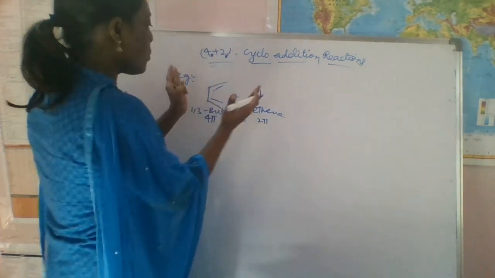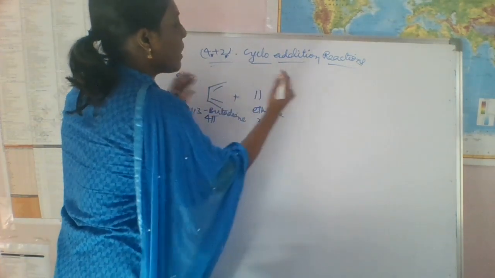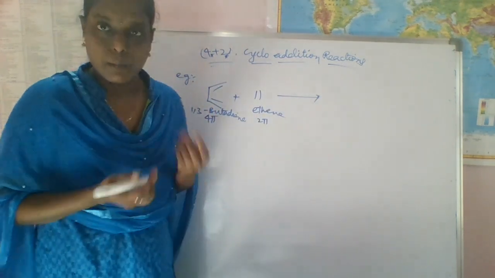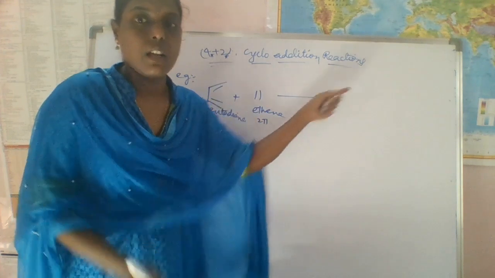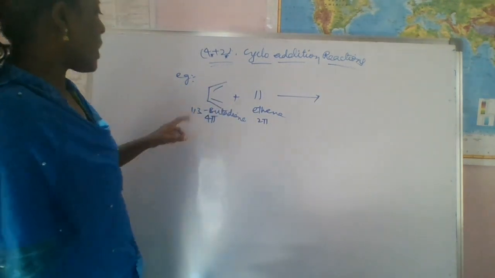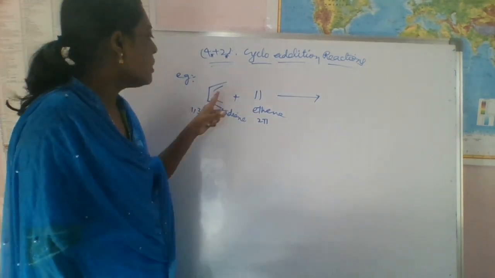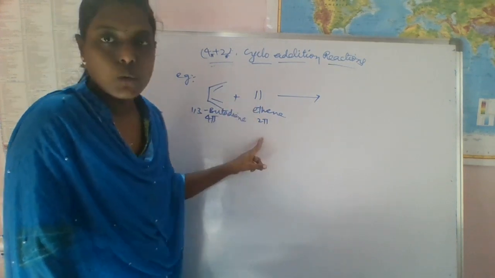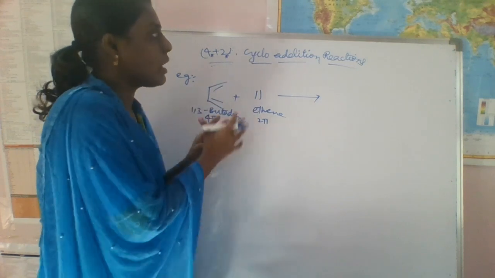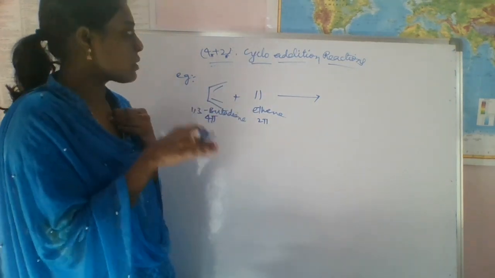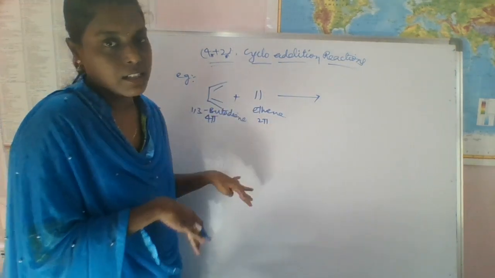Okay, so we have to join these molecules and we'll get one cyclic product, right? So that's why it is called cycloaddition reactions. We add 4 pi electrons and 2 pi electrons, combining these molecules to form one cyclic product.